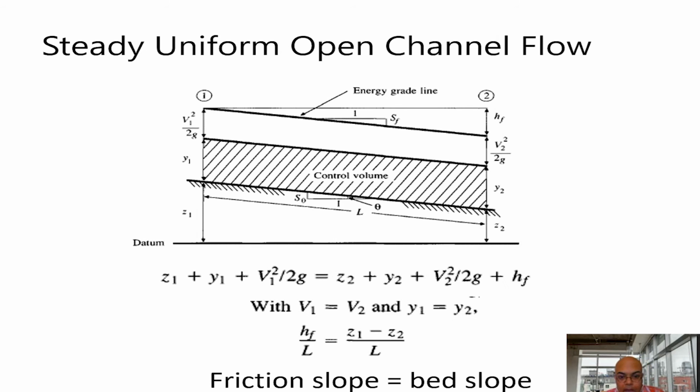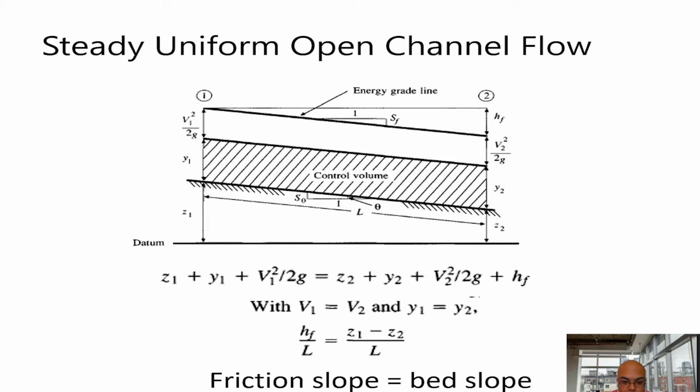So when we apply the momentum and energy equations for uniform flow, it is shown here. This is the open channel flow, along the center line of the channel. Open channel flow and pipe flow, there are differences between them.